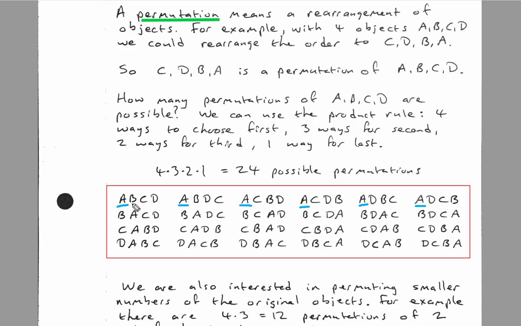Once you've chosen A, then there are 3 possibilities for the second, so B, C, or D. And then 2 more options, so you can switch the last 2. So with an A, there are 6 ways to finish it. Starting with B, there are 6 more, C and D.